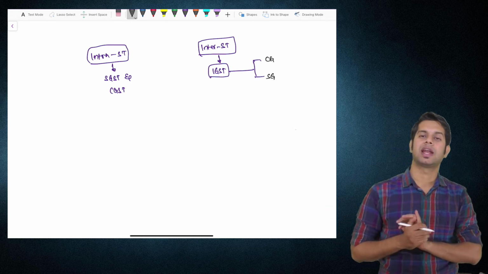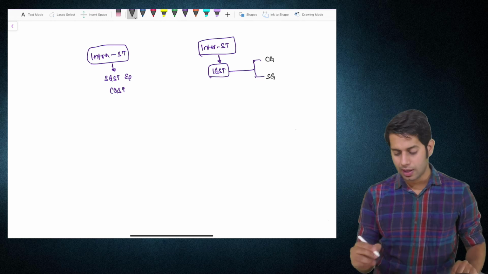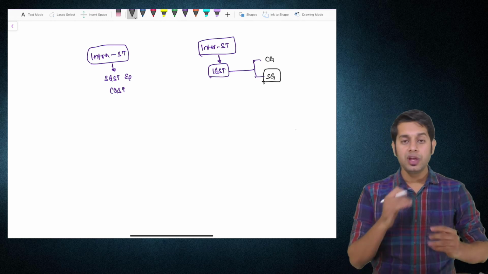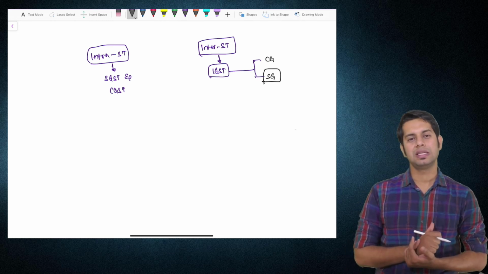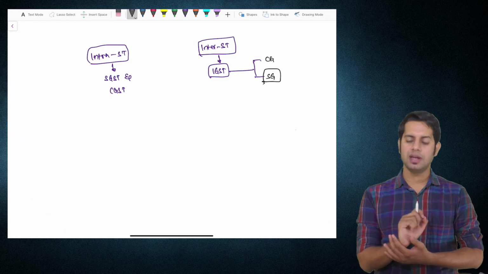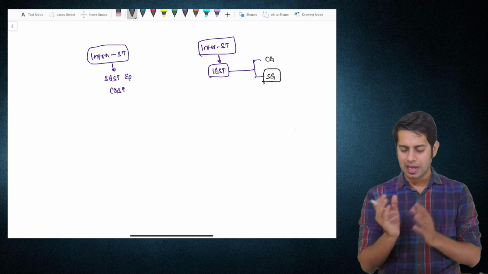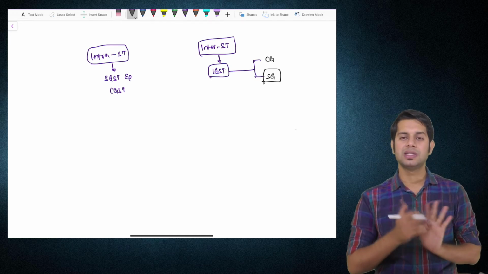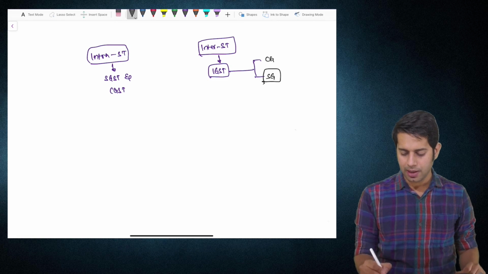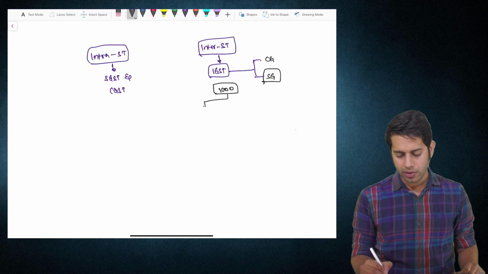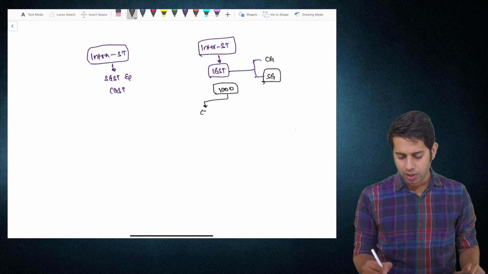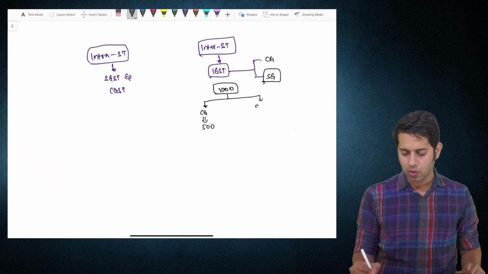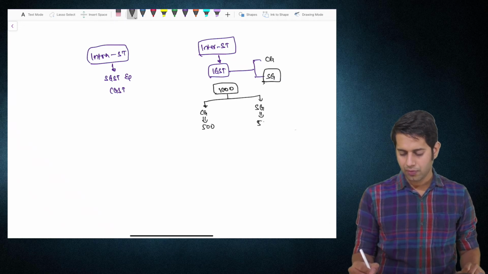Now, we know central government is only one. The question which arises is, which state will take the benefit of this SGST portion? Which state will take the 50% of the IGST component? 50% is going to go to central government. The other 50%, which state is going to take? For example, say the total IGST amount is 1000 rupees. I know that the central government will take 500 rupees and the state government will take 500 rupees.